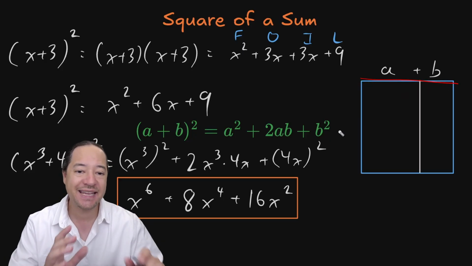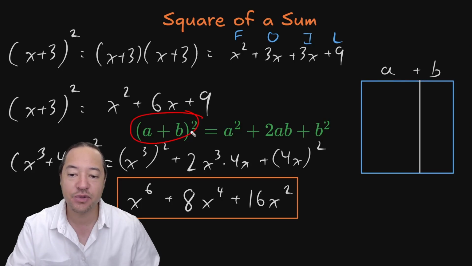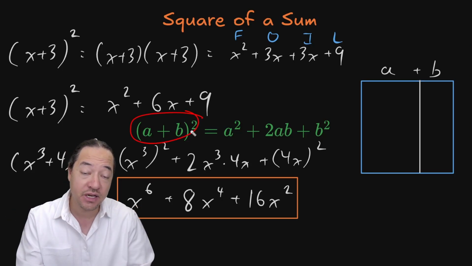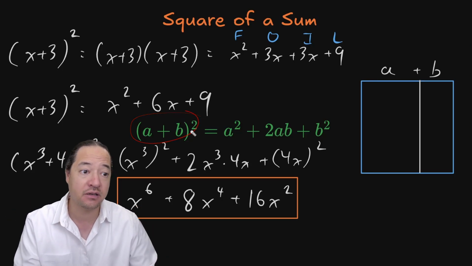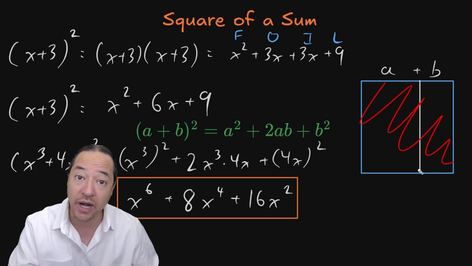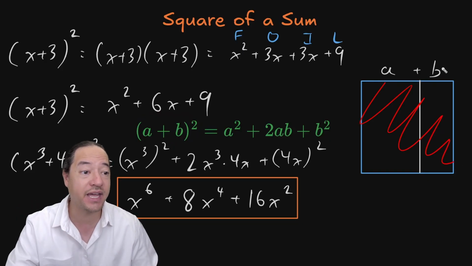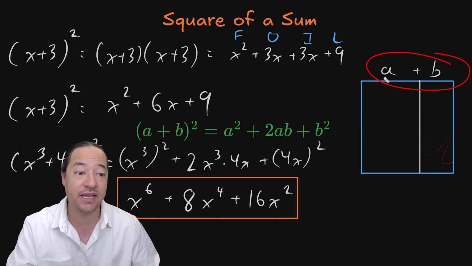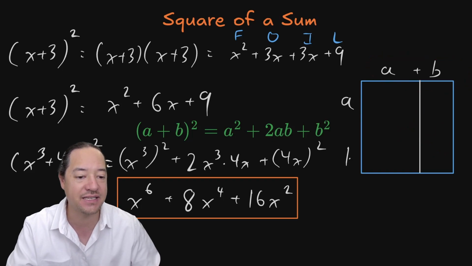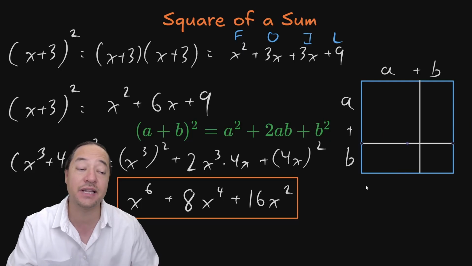And when you take this side of length A plus B and square it, what are you doing? You're going to get the area of this entire square, right? So to square that, this side is length A plus B, but it's a square, right? So this side is also length A plus B. And so let me just draw another line here like that, okay?